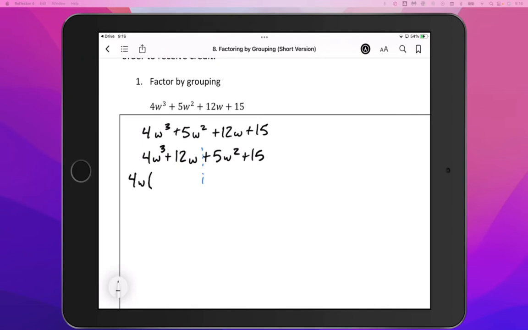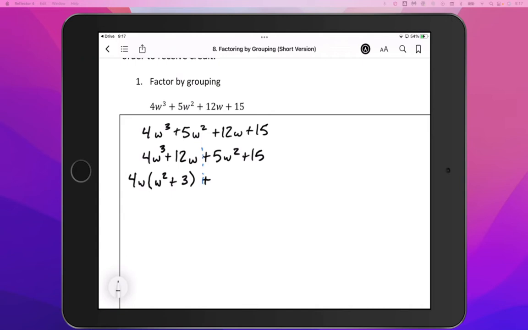So if I divide 4w to the power of 3 by 4w, 4 divided by 4 is 1, I would be left with w to the power of 2. And then if I divide 12w by 4w, I would be left with 3, and no w's because w divided by w is 1. And so again, that's the left side of the expression.